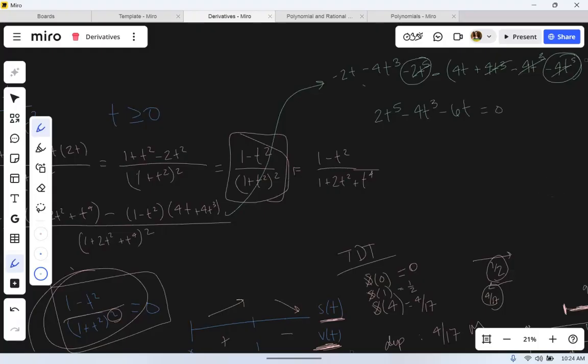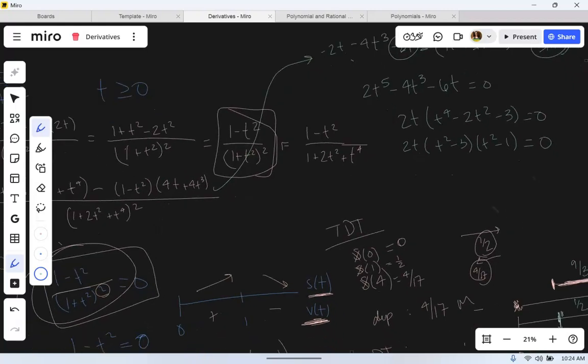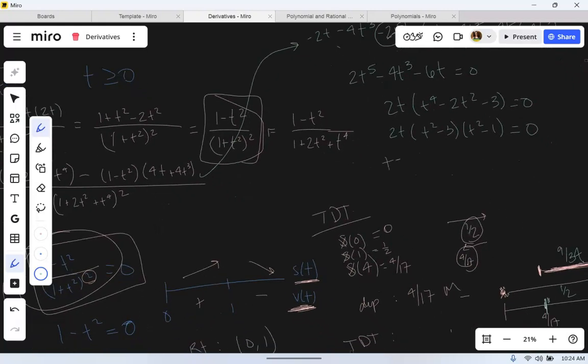All right, I'm setting it equal to 0. I'm going to pull out a 2t. It leaves me with t to the fourth minus 2t squared minus 3. This is a quadratic form. t squared minus 3, t squared minus 1. I've got t equals 0.